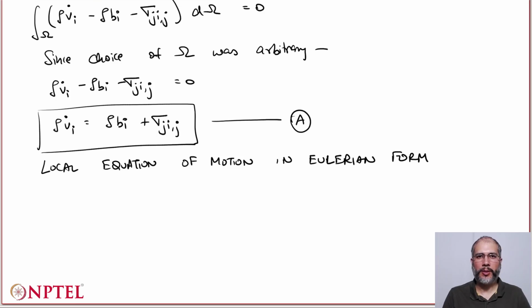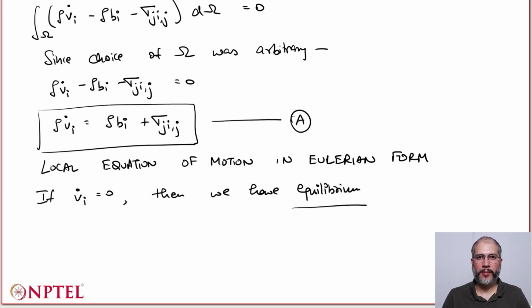Now in this equation, if Vi dot, that is the acceleration field, is 0, then we have an equilibrium situation. And we already discussed the equilibrium equations earlier, which we can get from this general equation A by putting the left hand side equal to 0.